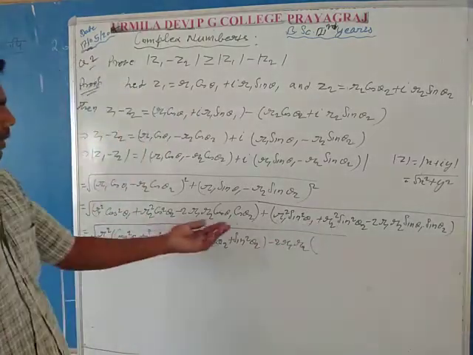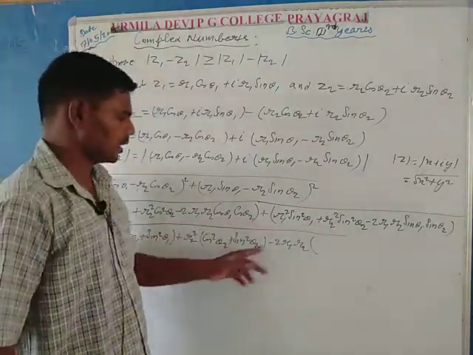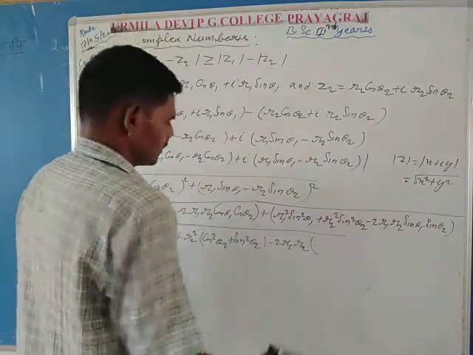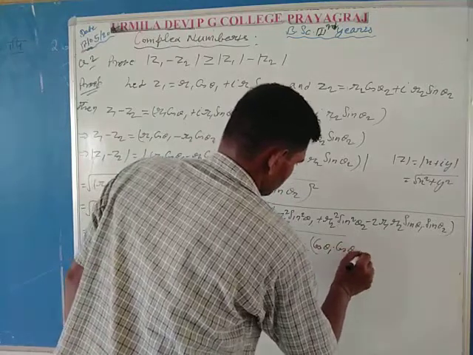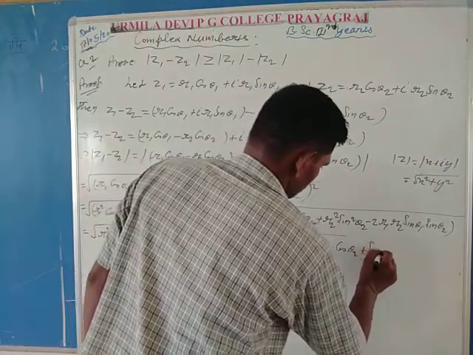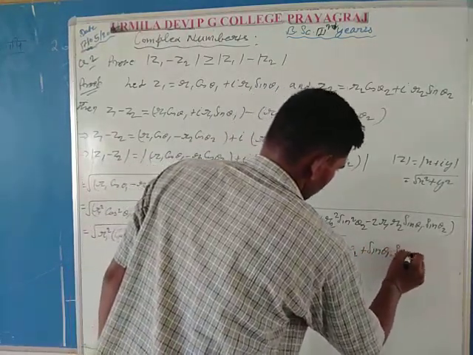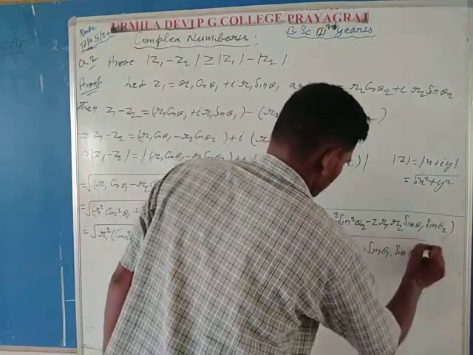Here cos theta 1 cos theta 2, minus taken outside from the bracket, so cos theta 1 into cos theta 2 plus sin theta 1 into sin theta 2 in the bracket.